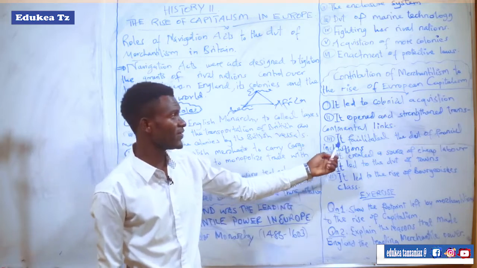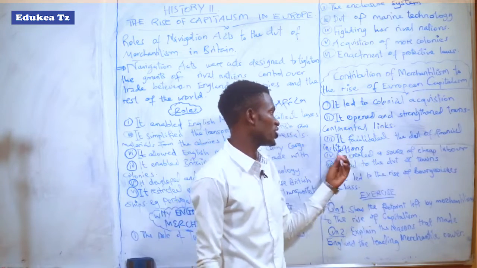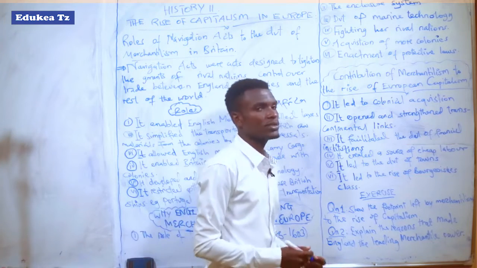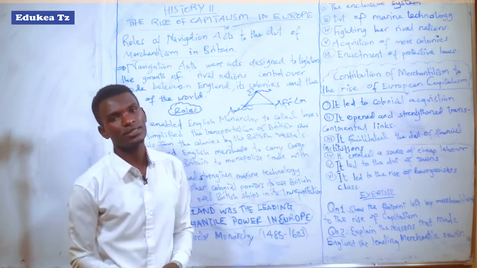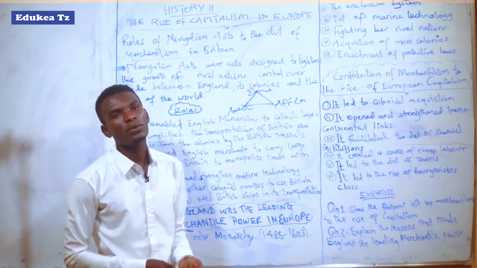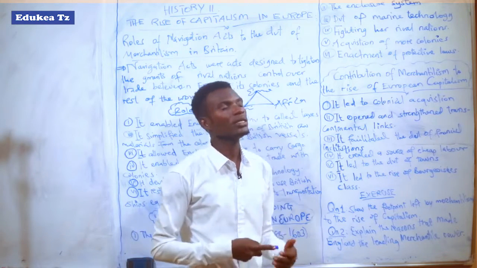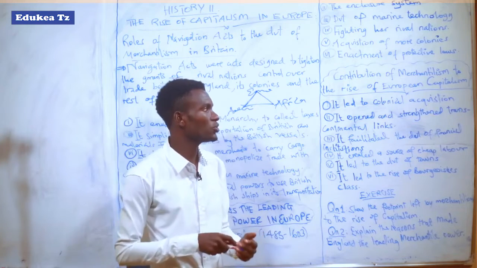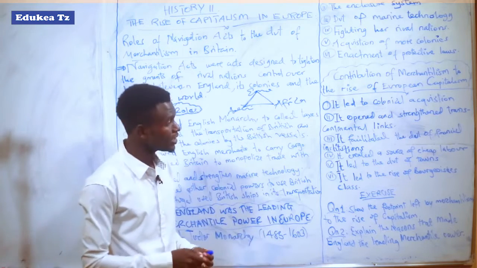Another contribution: it facilitated the development of financial institutions. It means that during mercantilism, as we saw in the features of mercantilism, there was development of banking, and financial institutions and insurance.